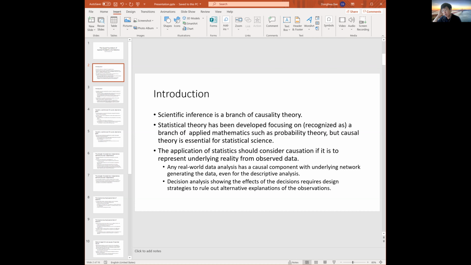We'll see an example of that part later in this presentation. And furthermore, for decision analysis, such as treatment analysis, showing the effects of the decisions or treatment requires a design strategy to rule out alternative explanations of the observation. So from these points, the author argues that causal theory is not extra statistical, but an essential part of statistical science.